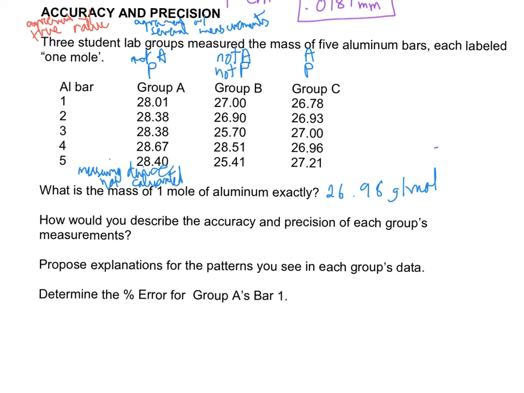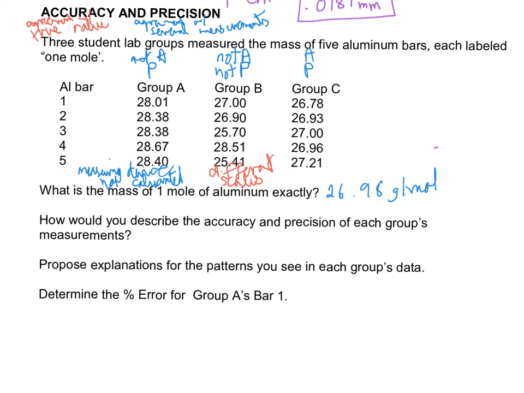Okay, how about Group B? They're neither accurate or precise. Well, that looks to me like they are using different scales. When you have to compare values, you always want to use the same piece of equipment.